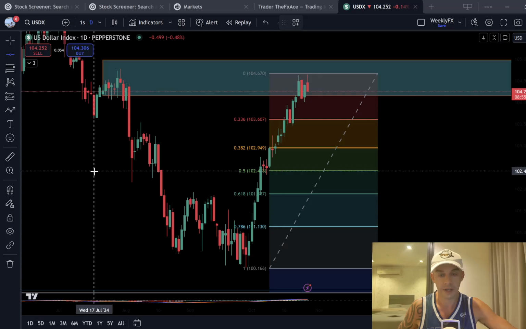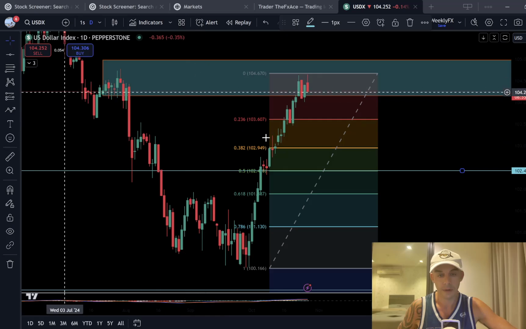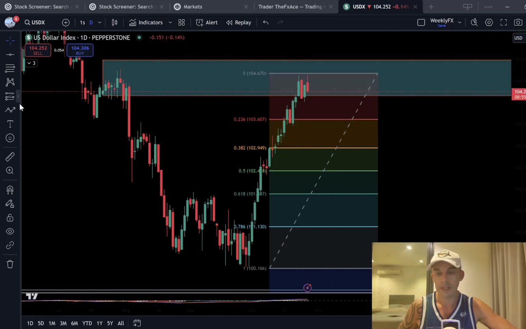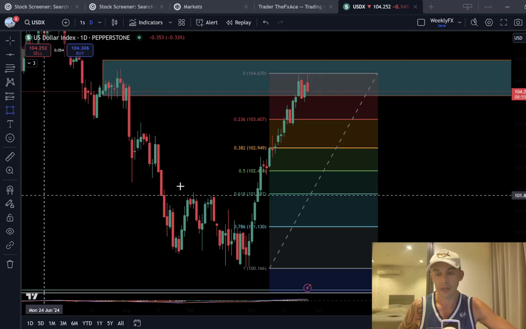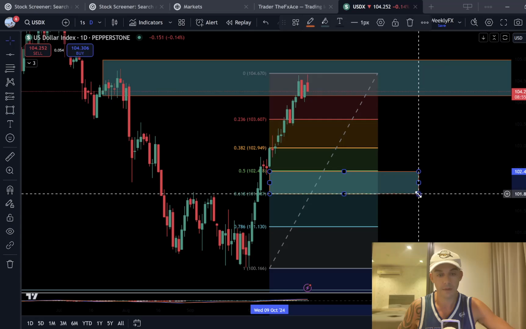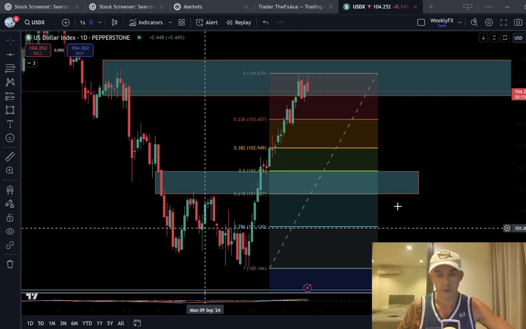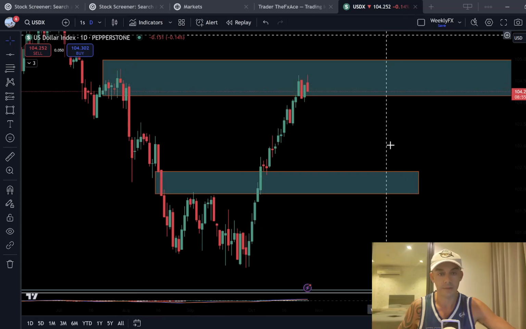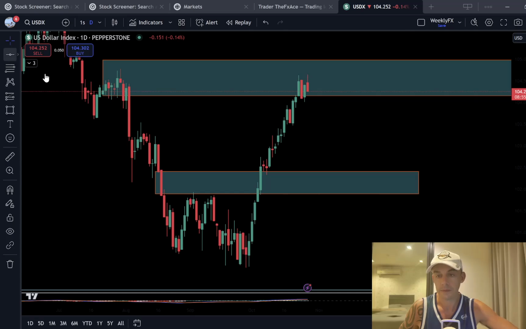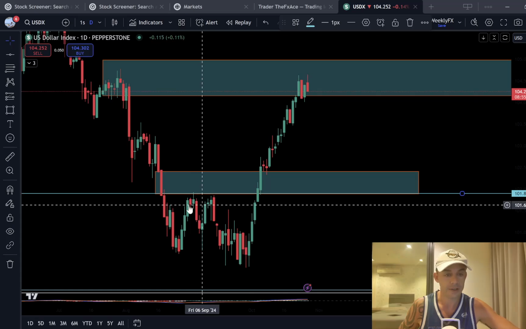So the 50 is a kind of easy target for this. It could drop all the way down to this area there, and you have a nice support at just around 102.